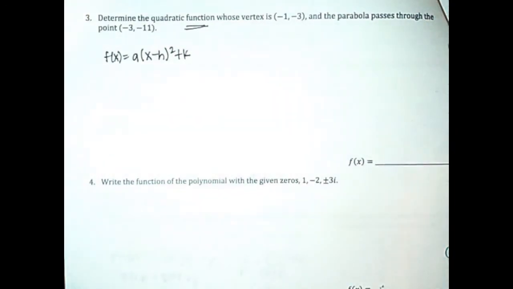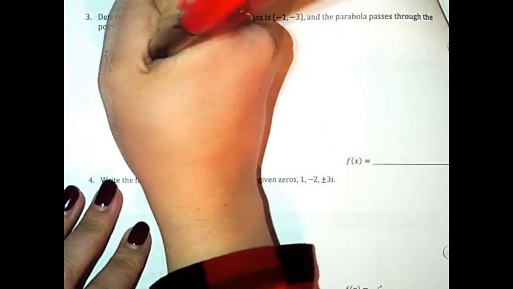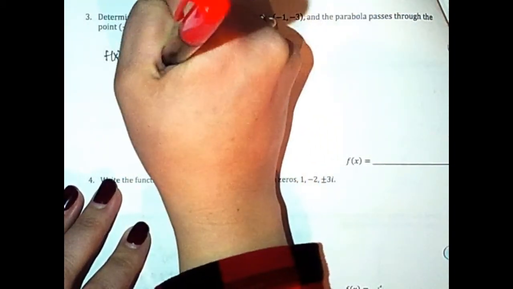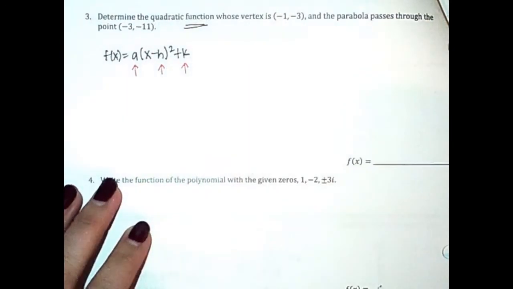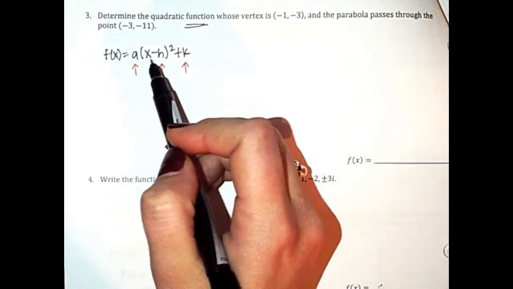Now, at the end of it, the values that I want are a, h, and k. So I want those to be plugged in. I want to have values for those. When I'm writing it down here, I'm leaving x there and I'm leaving f of x there.